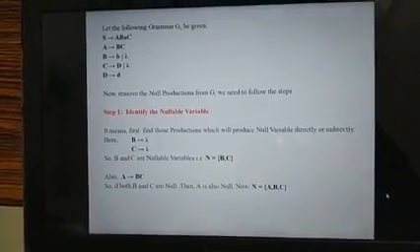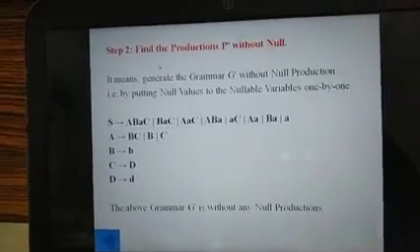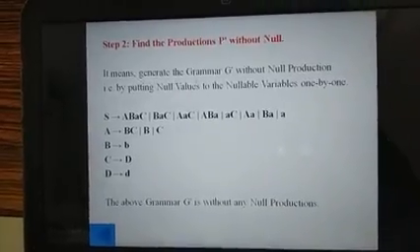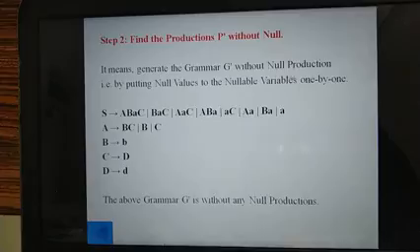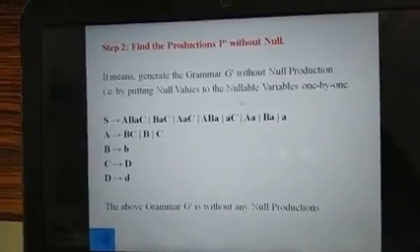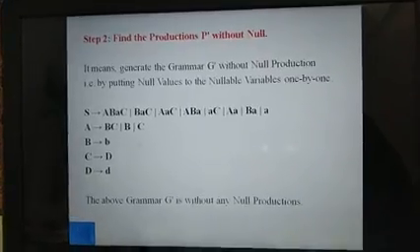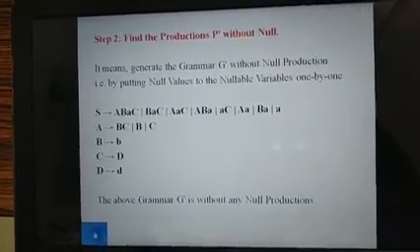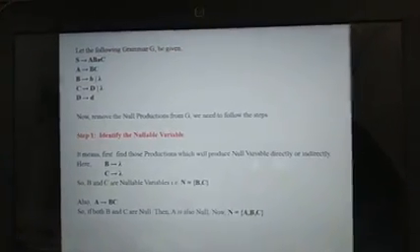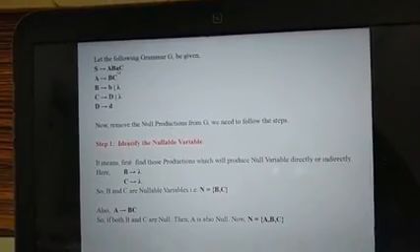Now we move to the second step. After finding the nullable variables, find the production P dash without null. It means we generate the grammar G dash without null productions, by putting null values to the nullable variables one by one. If we look at the slide, we can see clearly that S produces ABAC.